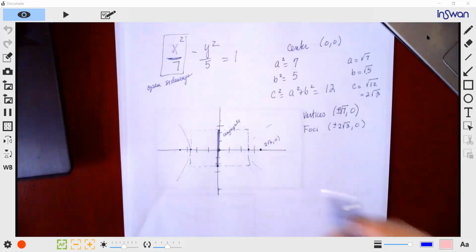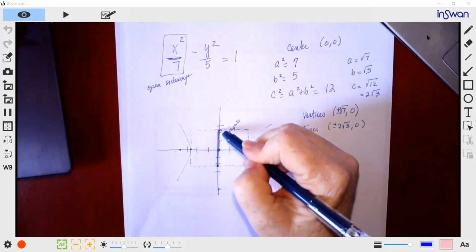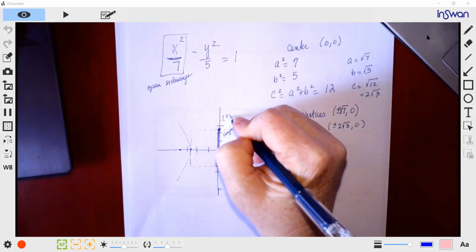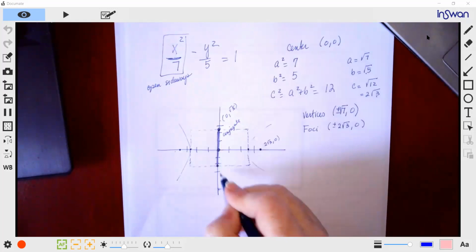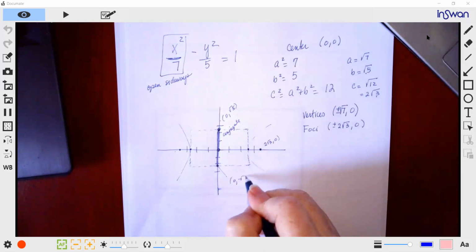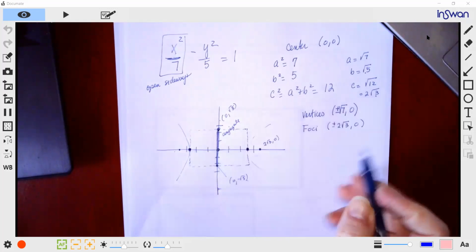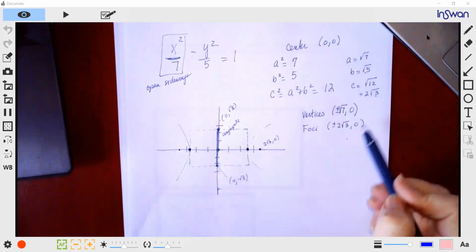Okay, let me say that one more time. I drew in the conjugate axis. The top point of my conjugate axis in this case is 0, square root of 5. The bottom point is 0, negative square root of 5. I already know the vertices are here and here at plus or minus square root of 7, 0.